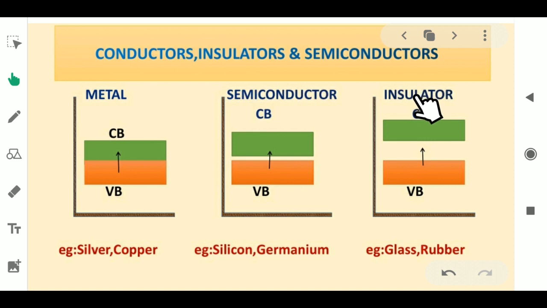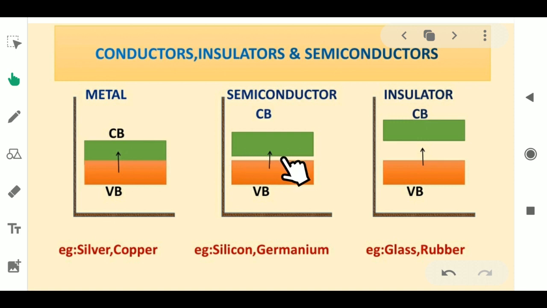At the same time, in semiconductors, the conductivity of a semiconductor is greater than that of an insulator but less than that of conductors or metals. Examples of semiconductors are silicon, germanium, etc. In the case of semiconductors, the conduction band and valence band are not overlapped, but they are separated by a small gap.